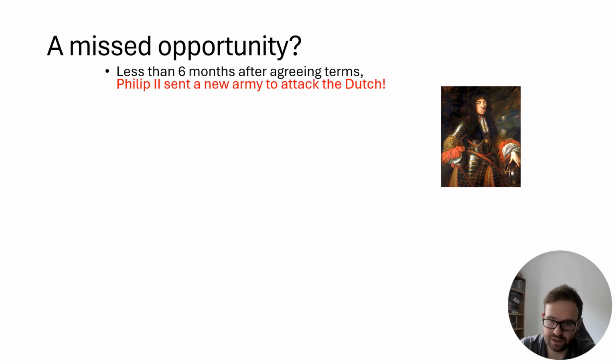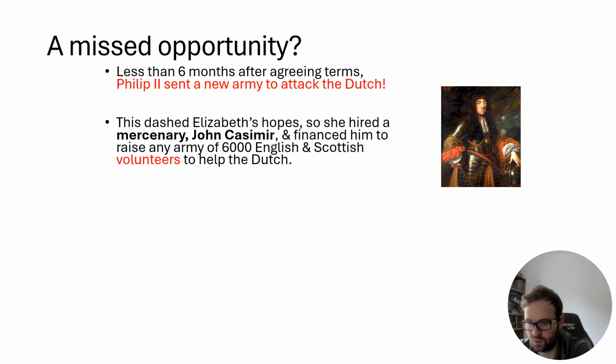However, 6 months later, Philip sends a new army to attack the Dutch. He's not happy with this, and he wants to crush the Dutch and put them back into their place. Elizabeth misses this opportunity, so she hires a mercenary, John Casimir, and gives him some money. These are 6,000 English and Scottish volunteers.